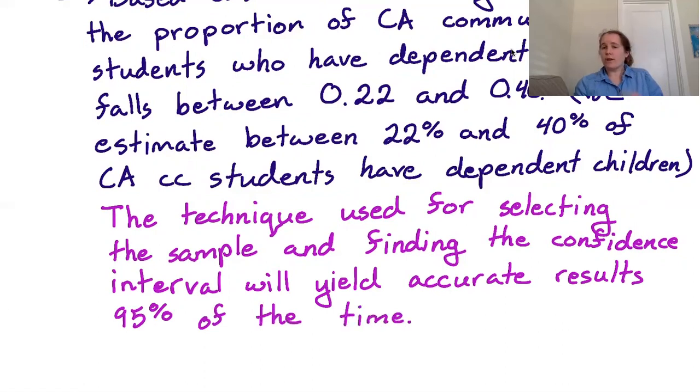So essentially, there's a 5% chance that we picked one of those samples that is not representative of the population. And there's a 95% chance that we picked a sample that is representative enough. So when we do confidence intervals, we're never 100% sure that we are accurate in our estimation. But we can say essentially the likelihood that our technique worked.